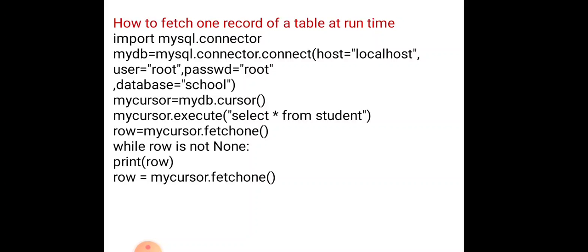So in this way you can use the fetchone method, and if you want to use fetchmany, then you can write row equals myCursor.fetchmany, and the number of rows or records you want to retrieve, you can mention them or pass them as a parameter. So suppose we want to fetch 4 rows, then we write row equals myCursor.fetchmany, and we pass 4 as a parameter.